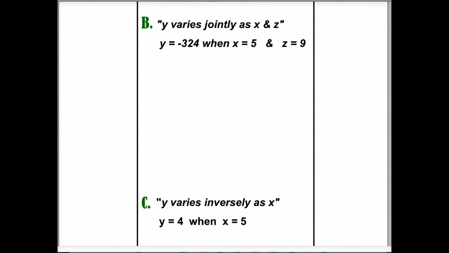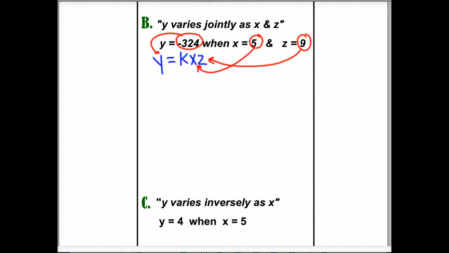In example B, we have the same exact directions. This time y varies jointly as x and z, which means that the equation we're going to use is y equals kxz. And here we have that y equals negative 324 when x equals 5 and z equals 9.